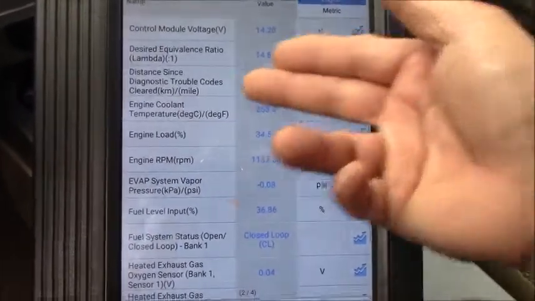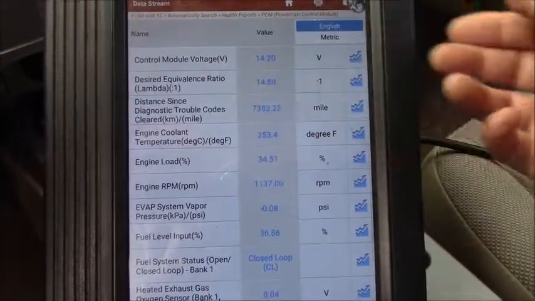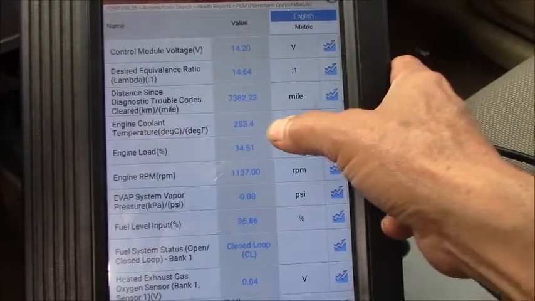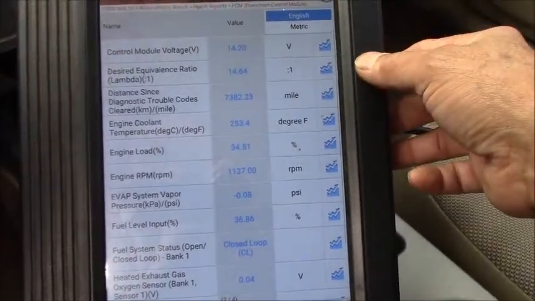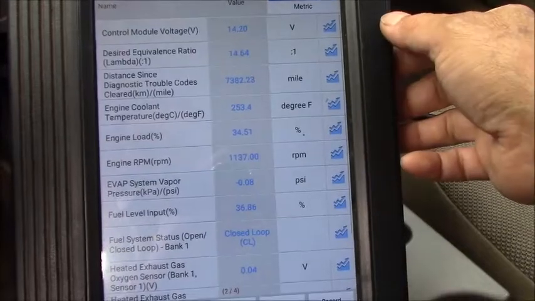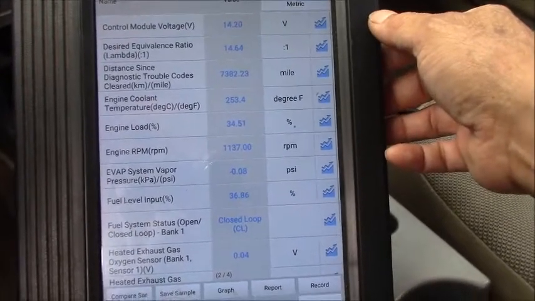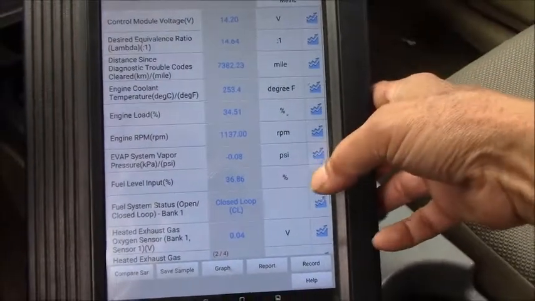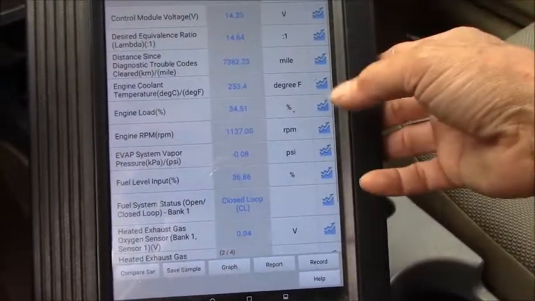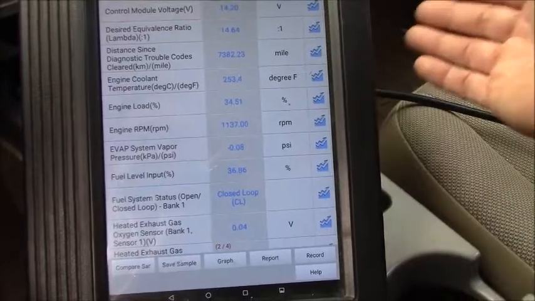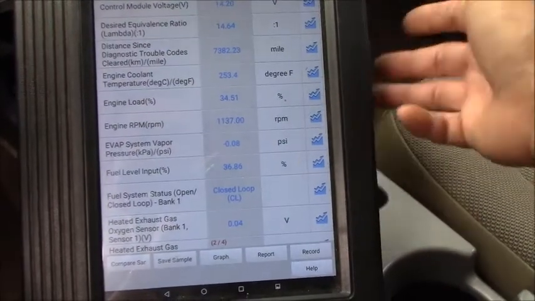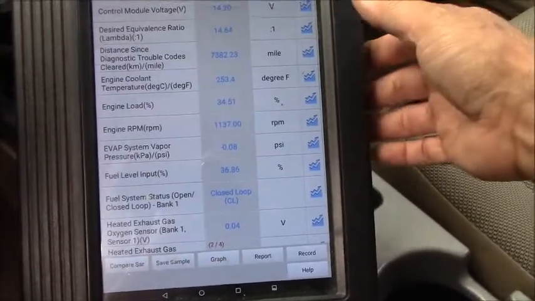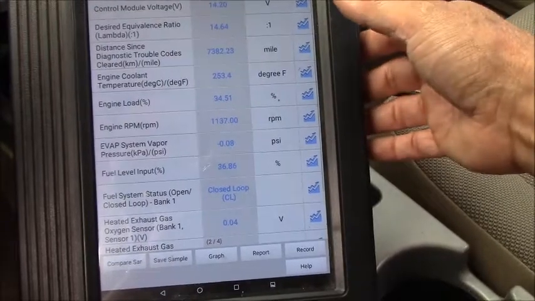the engine coolant temperature is 253 degrees. It's too high, not good at all. I don't know why, maybe the radiator fan is not turning on, or that radiator fan.